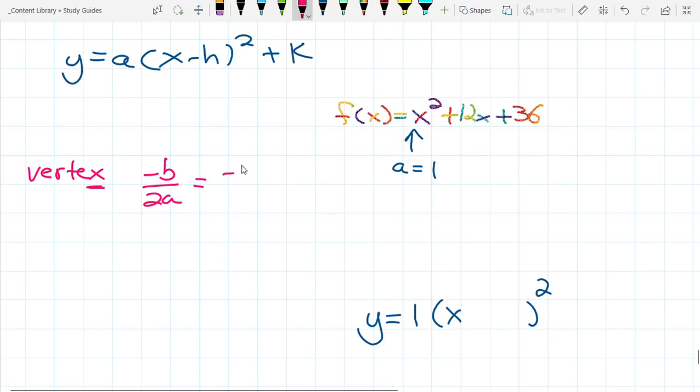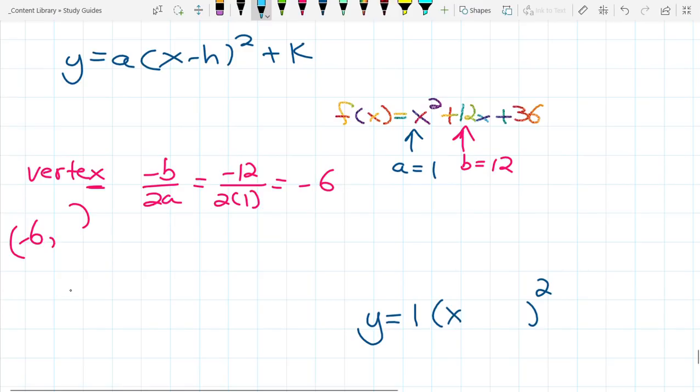So it's going to be −12 because your b value is equal to 12. −12 over 2 times 1 gives me −6. So my vertex so far is (−6, something). To get that something, we put the −6 into the equation to get the y value.